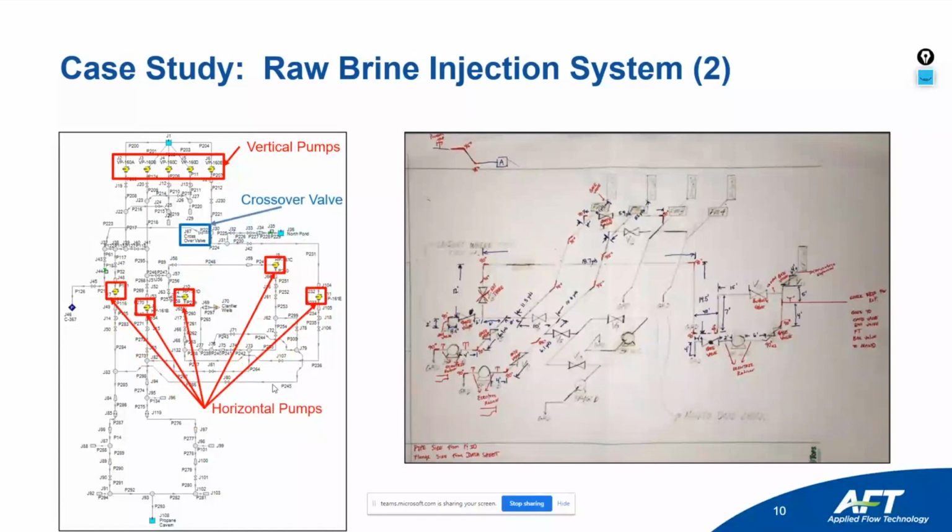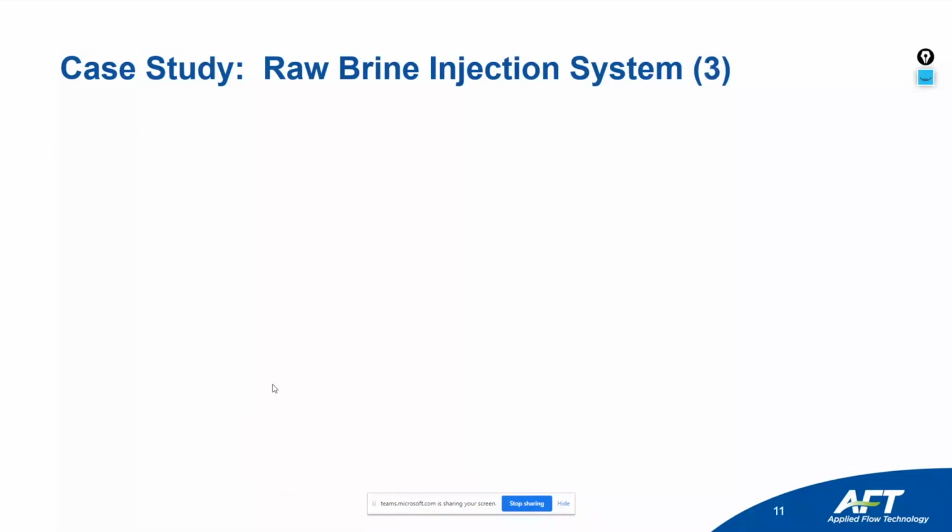And this is a crossover valve that they were experimenting with, turning or closing that valve to see if they could improve the pump performance. And then this is the cavern that they're delivering the flow to. So they looked at several different scenarios where they tried keeping all valves open.